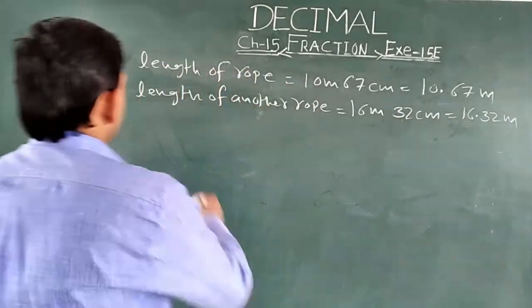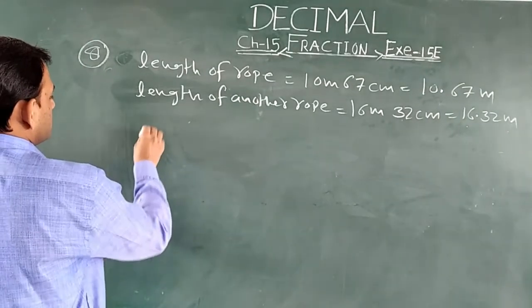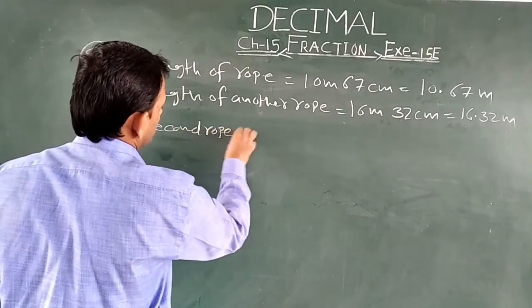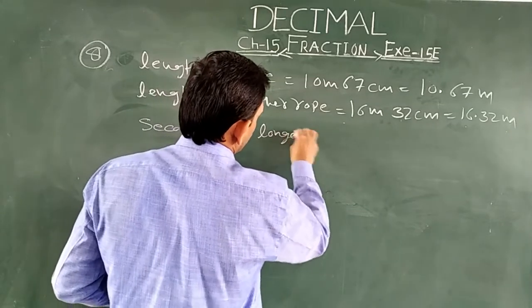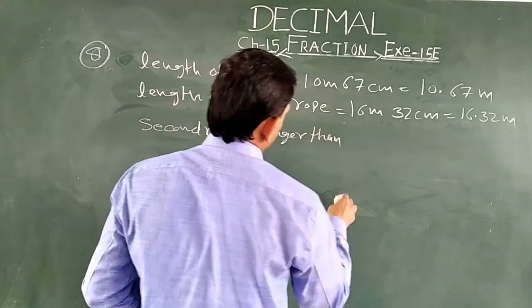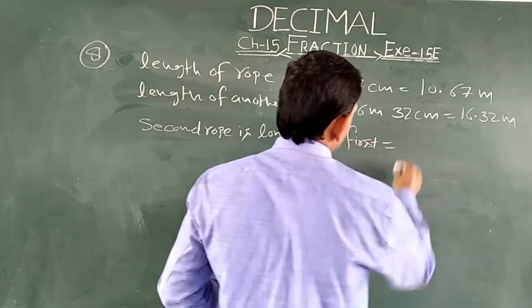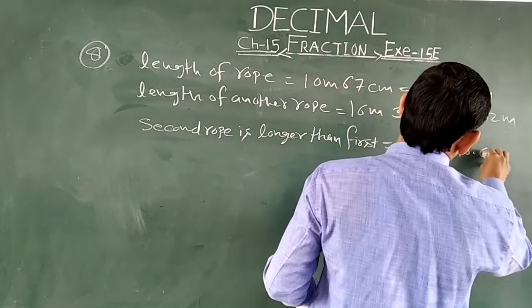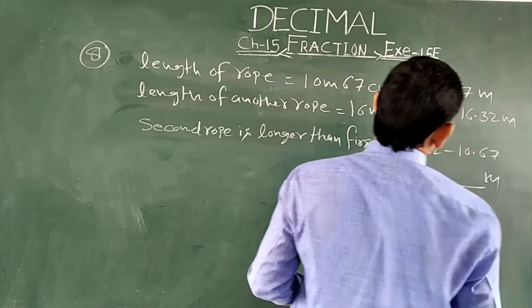You will write: second rope is longer than first is equal to 16.32 minus 10.67. When you subtract it, you will get the answer in meters.